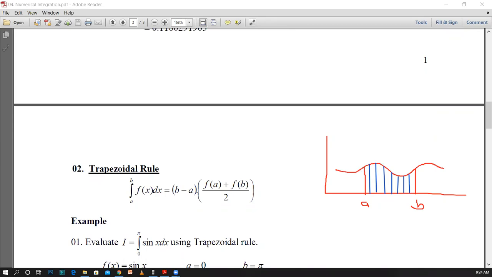Therefore, if you consider a single part of this, then you can see that it is quite like a trapezium. Therefore, using the concept of the area of the trapezium, we are defining this trapezoidal rule. If this length is a and if this length is b, then you can take this length as h.